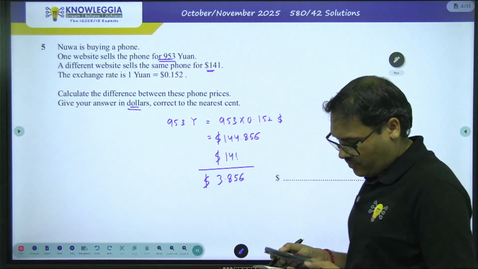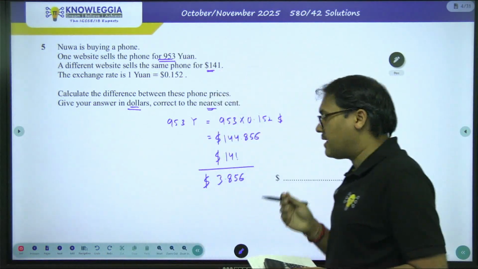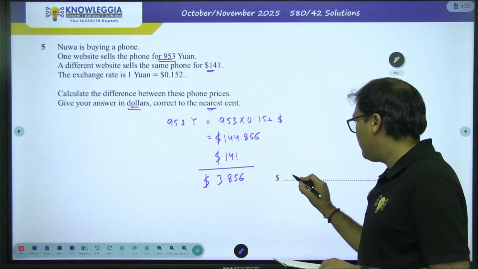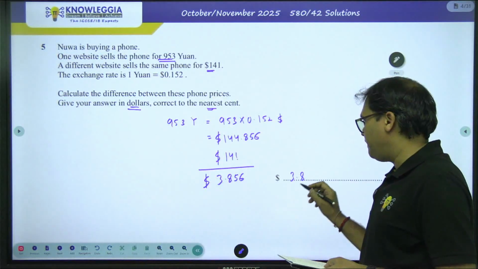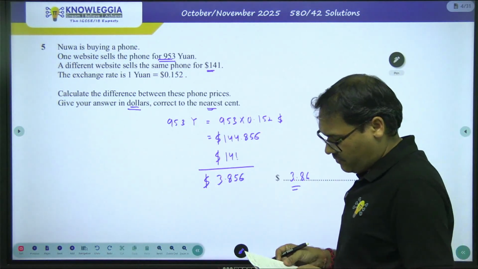Now what is the answer? You have to write the answer to the nearest cent, so you have to round off. This is equal to 3.86. That is the answer for this question.